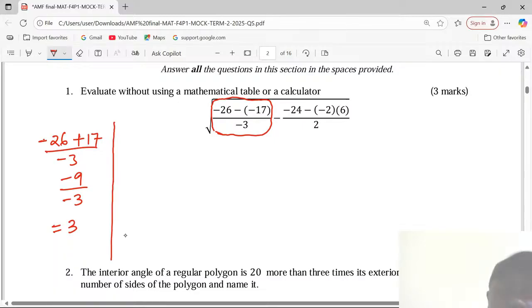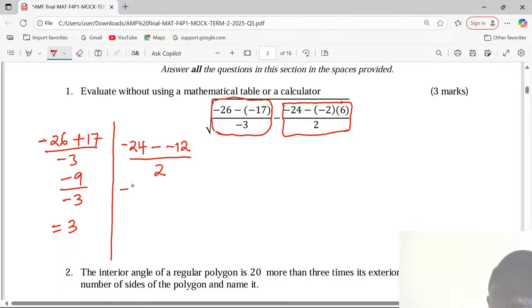Then there is another part. Before we subtract, let's also do the other part independently. Then we will be combining the two later. Let's do this other part now. Negative 24 minus negative 2 multiplied by 6 becomes negative 12. That way, everything divided by 2.